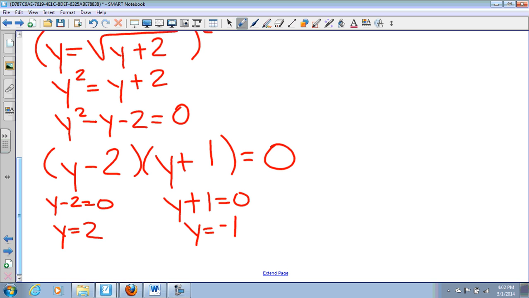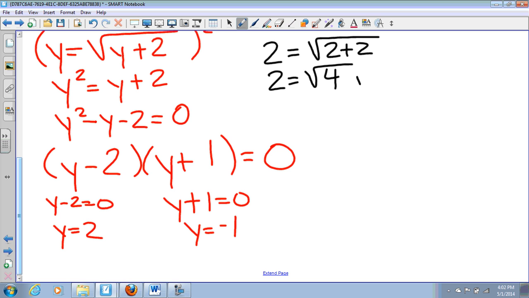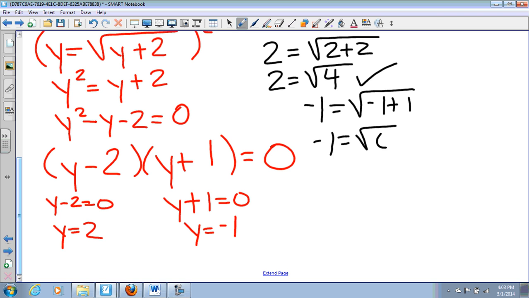We go back to our original equation, and we say 2 equals the square root of 2 plus 2. 2 equals the square root of 4. That is true. Then we have negative 1 equals the square root of negative 1 plus 1. Negative 1 equals the square root of 0.